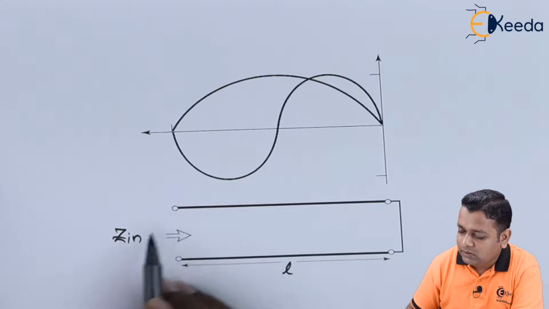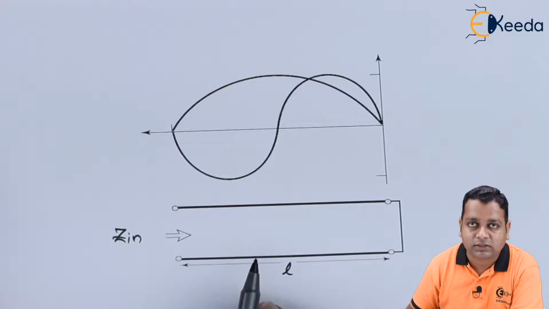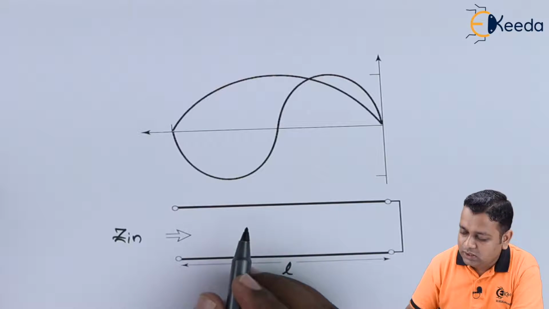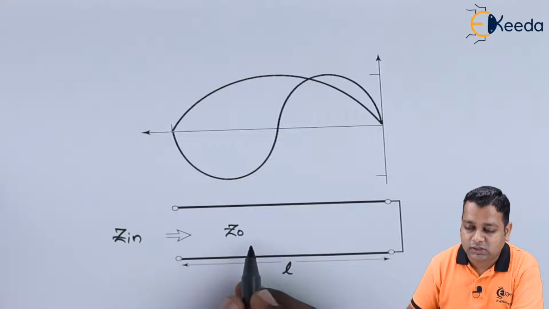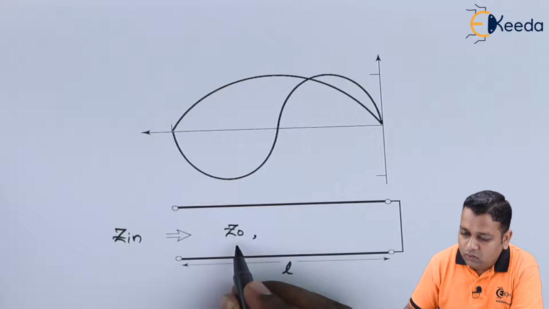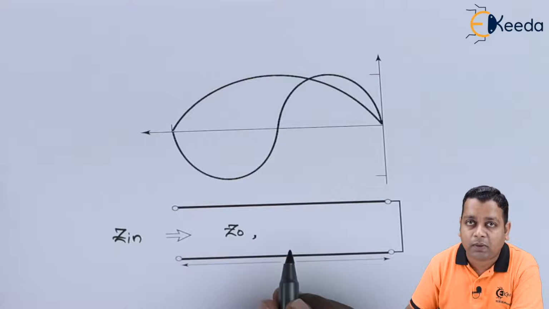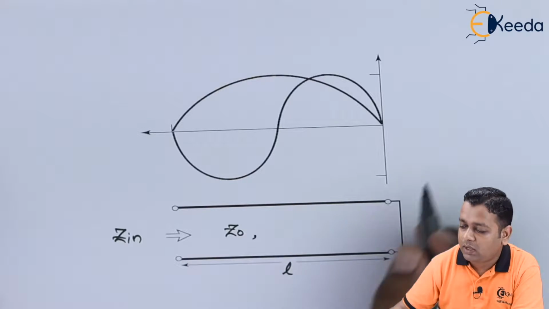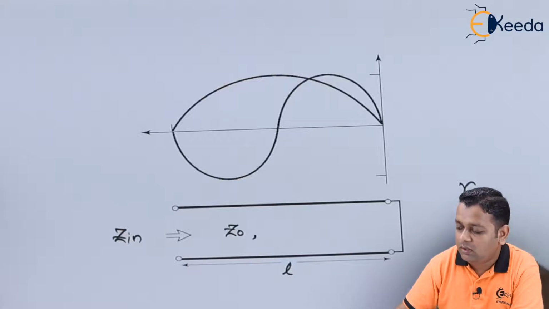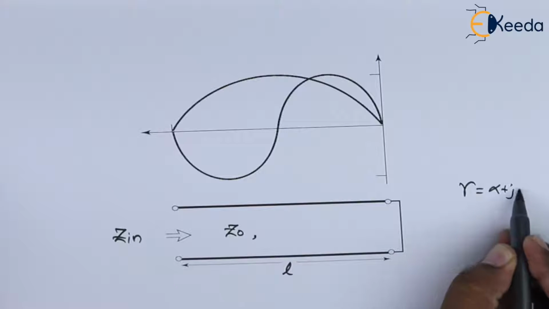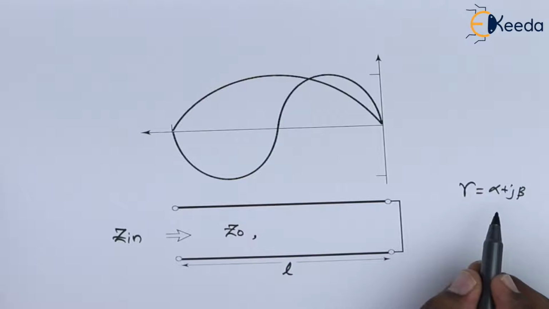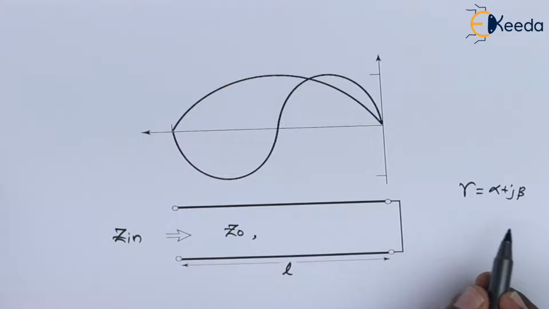For such a section of transmission line we consider the characteristic impedance denoted by Z0, along with the knowledge of propagation. In general, propagation is denoted by the propagation constant gamma, which is equal to alpha plus j beta, alpha accounting for the attenuation and beta accounting for the phase changes.